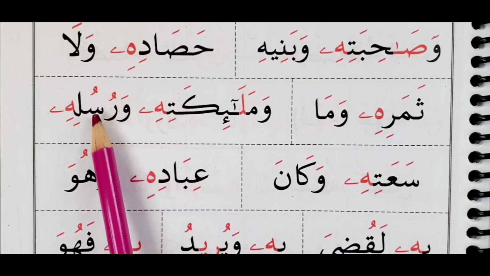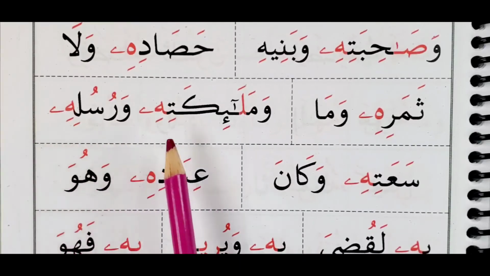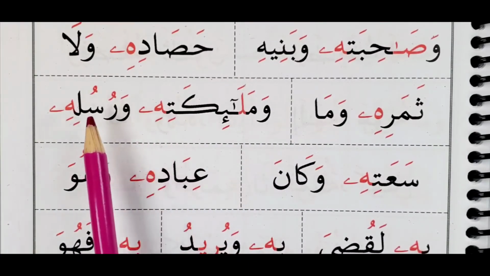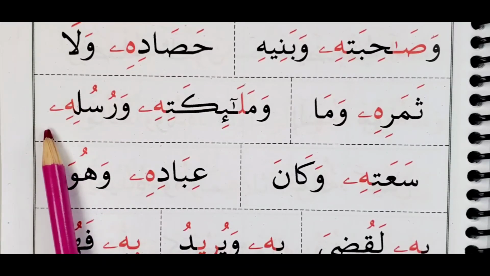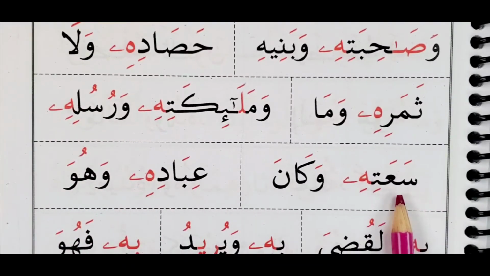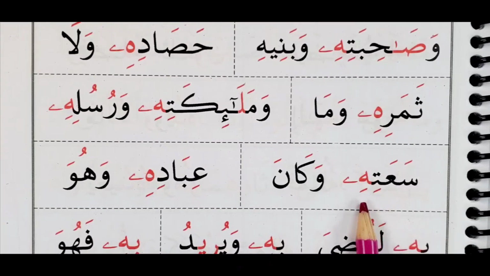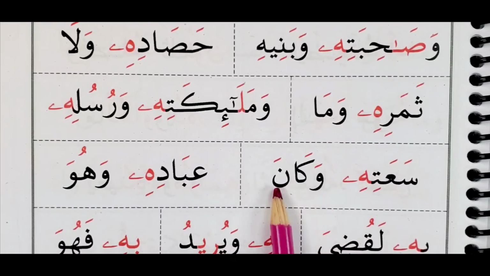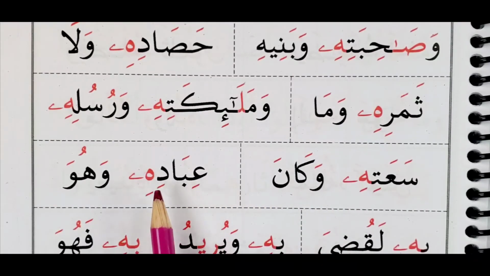وملائكته ورسله. Then we have سعته وكان, عباده وهو.